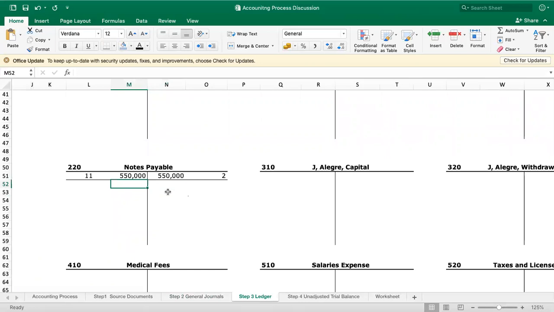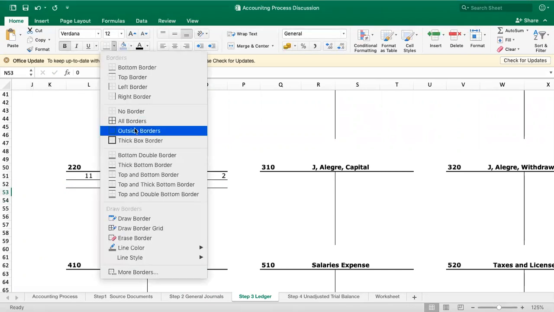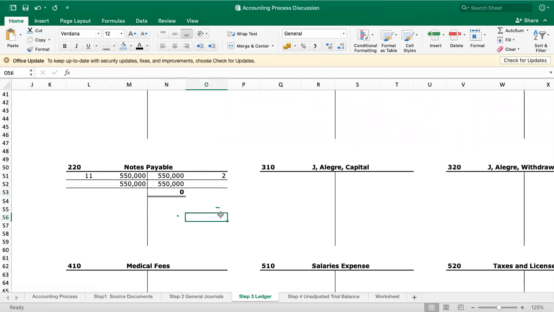Total credits, 550. So, let's compute the net balance. You have 0, di ba? 0 out na kasi nabayaran lahat yung notes payable natin. Therefore, nabayaran na lahat ng notes payable natin.